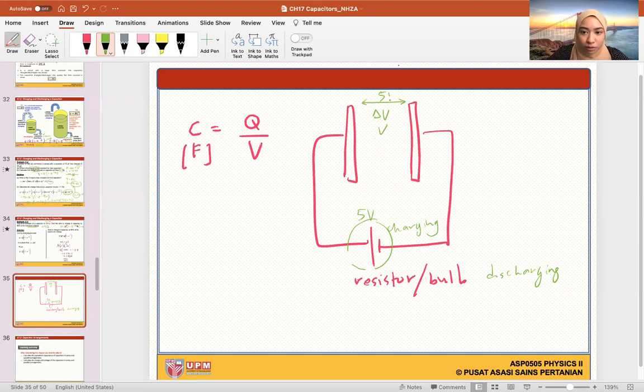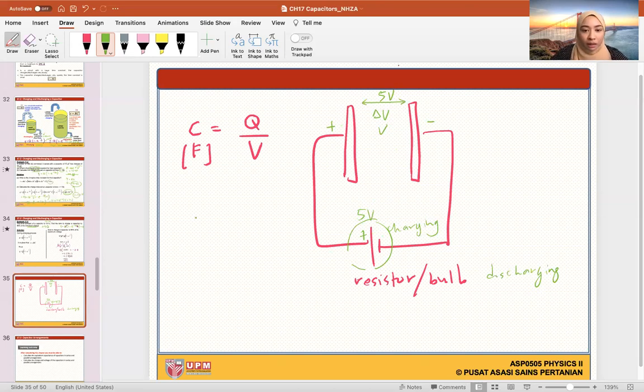I need to assume one plate will become high potential, the other plate will become low potential, and the one that is connected to the positive side will have the high potential. The one that is connected to the negative side of the battery will have the low potential.